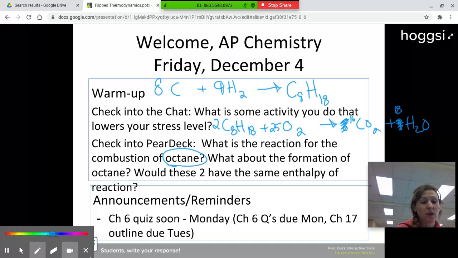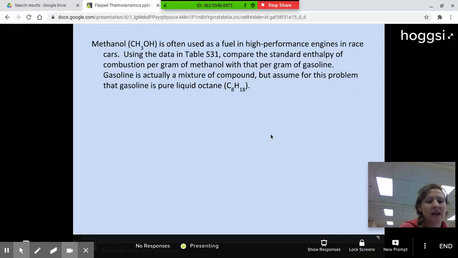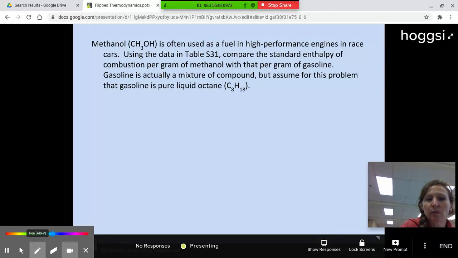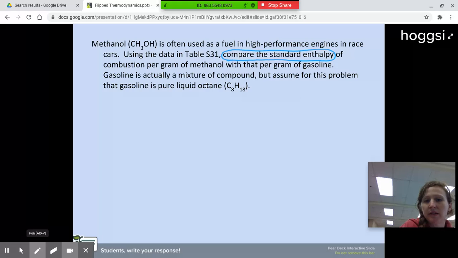Okay, so the problem we were working on yesterday is this one. They were asking us to compare standard enthalpy of combustion per gram of methanol versus gasoline. And we're assuming that gasoline's pure octane.